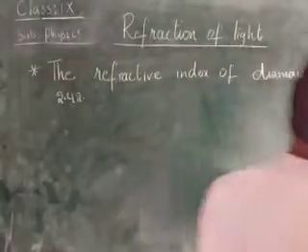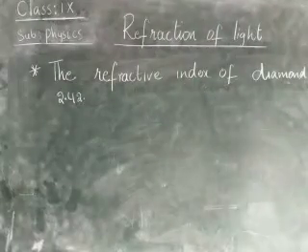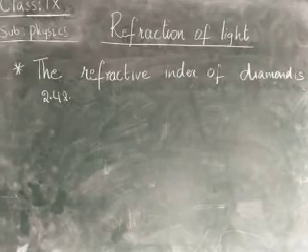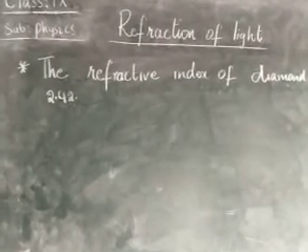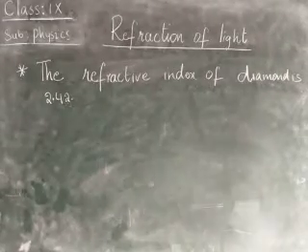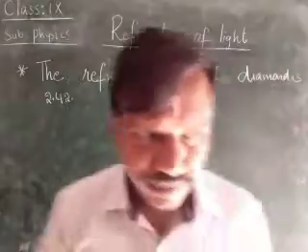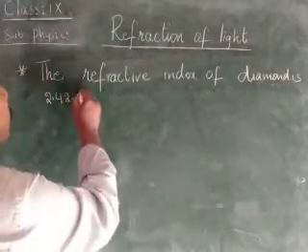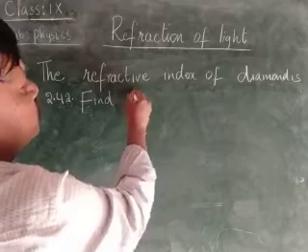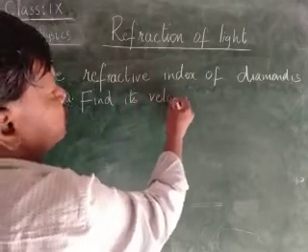Okay, children, the refractive index of diamond is 2.42. Find its velocity of light.